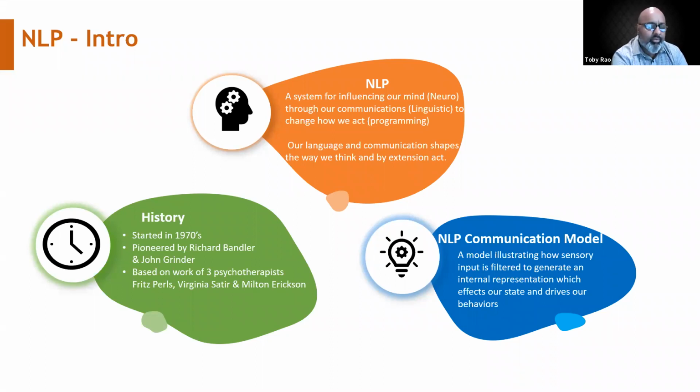Now, their work, their curiosity was based on a lot of psycho research that they were doing, and the work of three particular people, Fritz, Virginia, and Milton. Those of you who are in the Agile realm, especially transformation, you must have seen the work of Virginia Satir. It's called the Satir model.